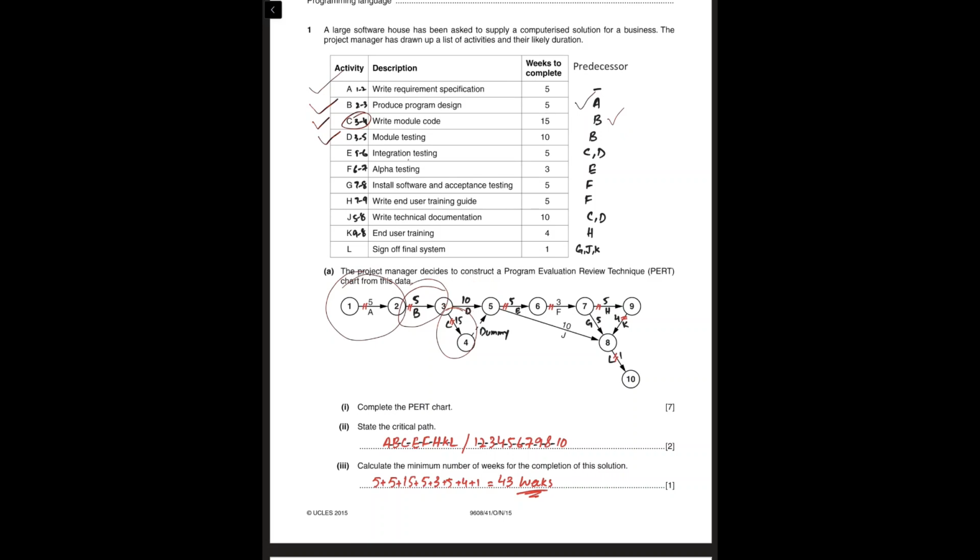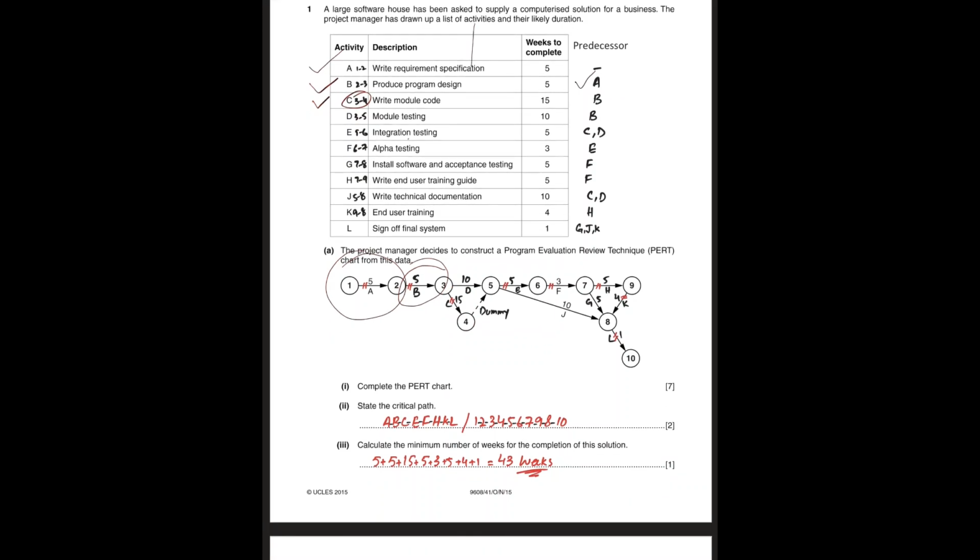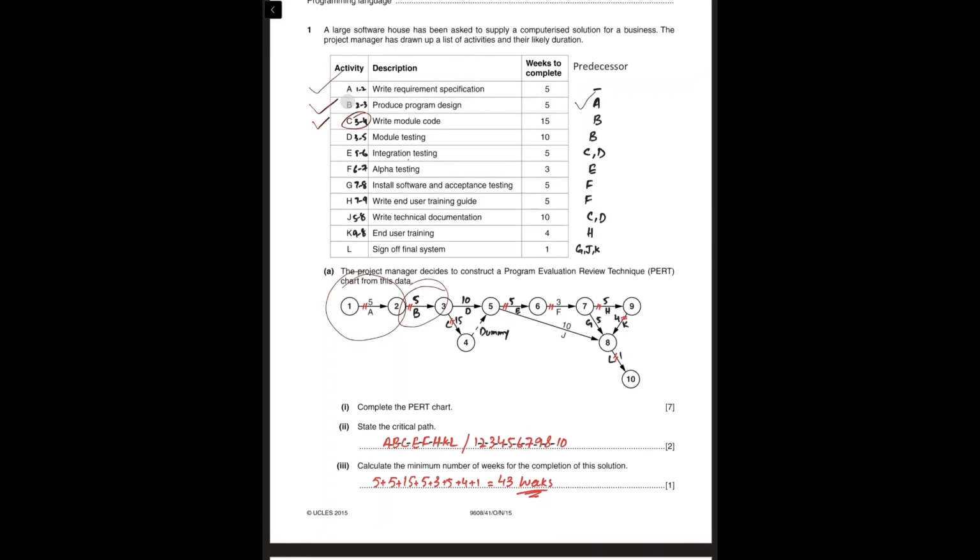And then we have got E and J, they both are dependent over C and D, over here and over here.